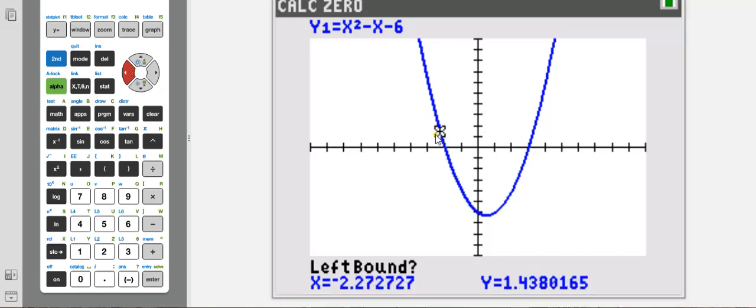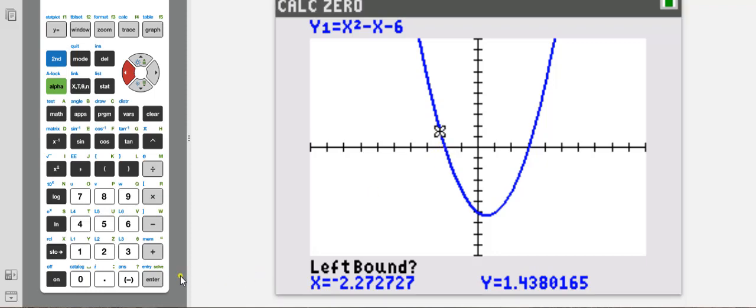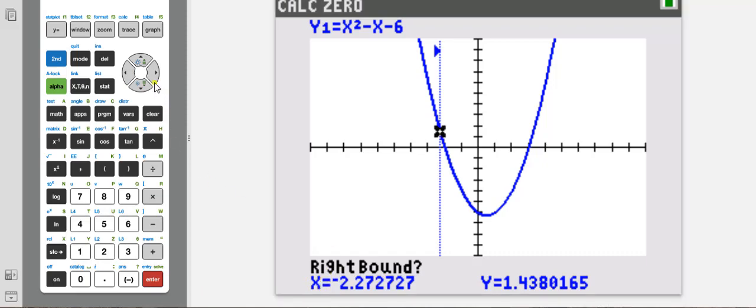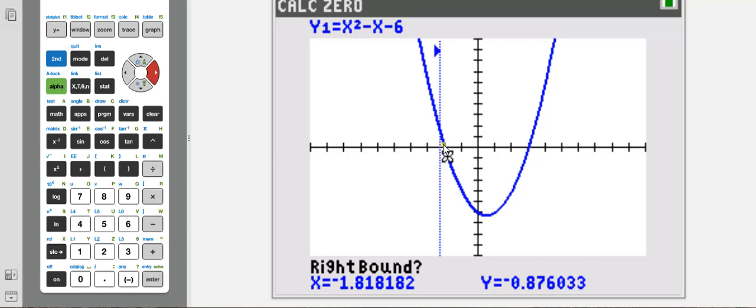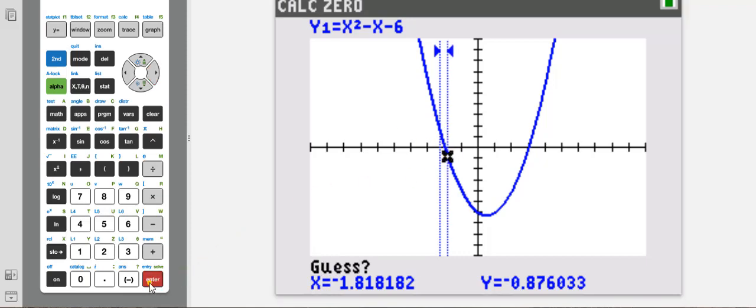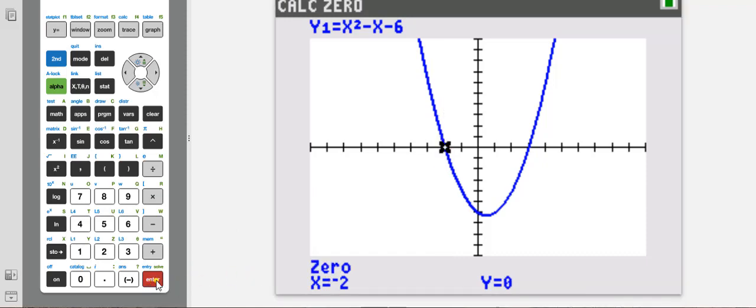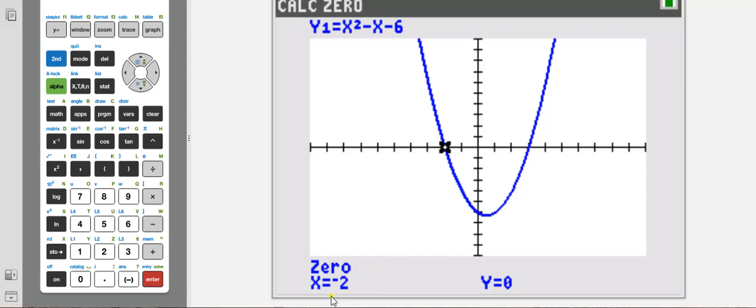Make sure you go to the left side of the x-intercept for left bound and press enter. And it's asking for the right bound. So move the cursor. Make sure you go to the right side of the x-intercept and press enter. And when it says guess, press enter again. And notice the x-intercept is -2.